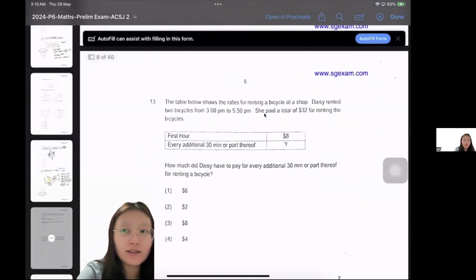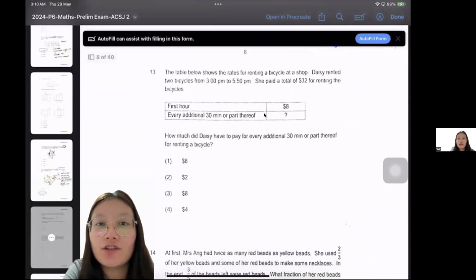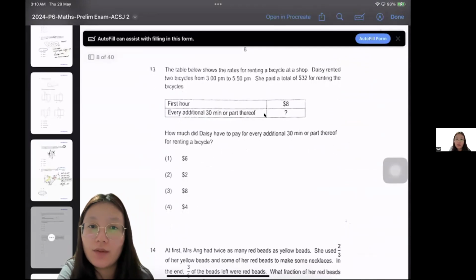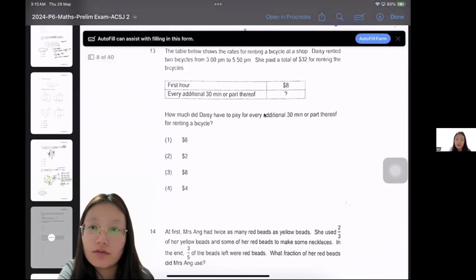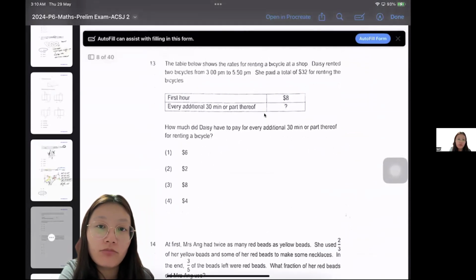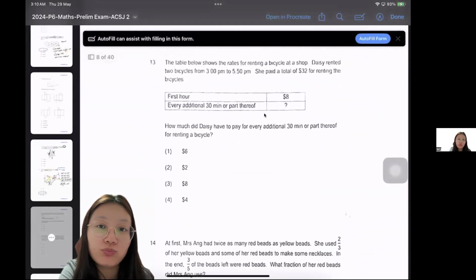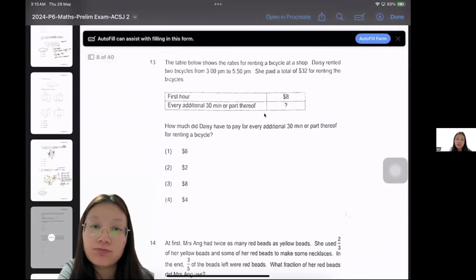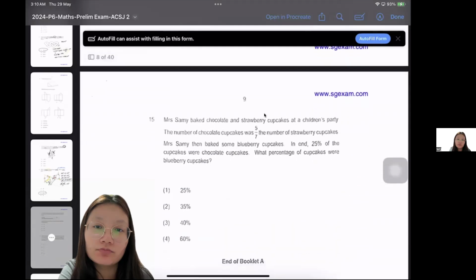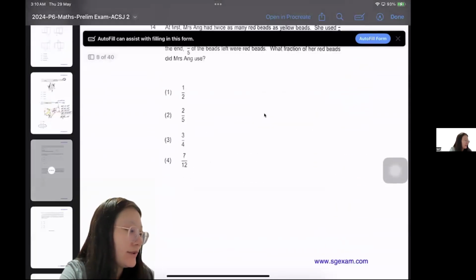Let's see whether there are any other questions that we can do. Okay, this one is about renting a bicycle. Let's solve these 3 questions.